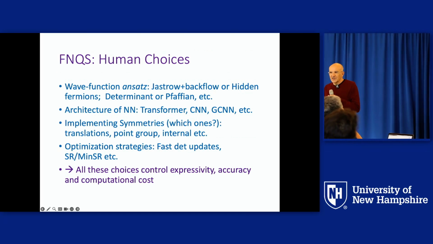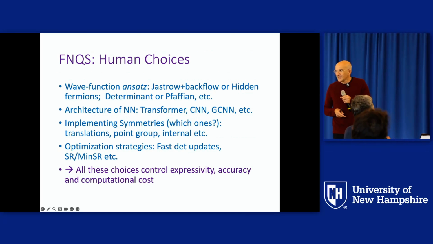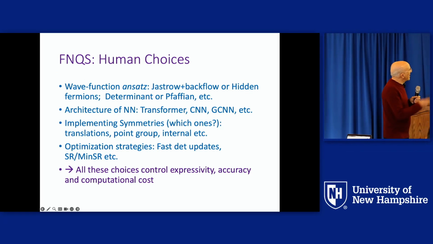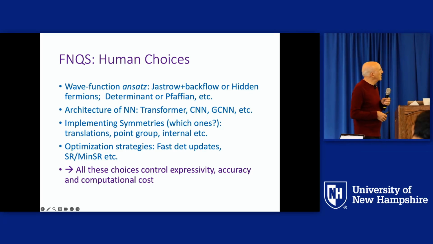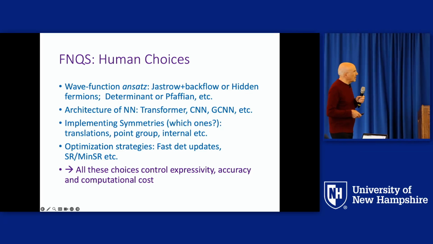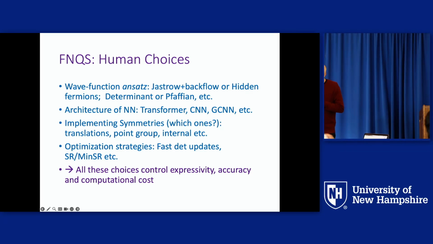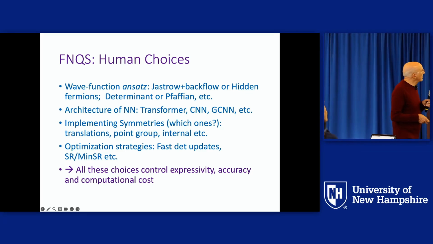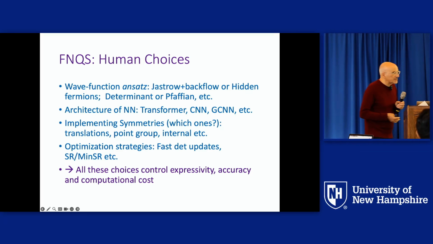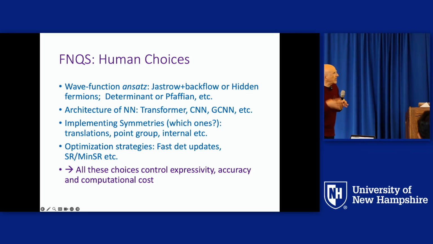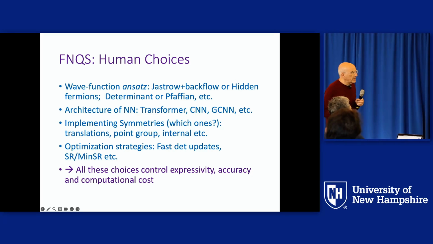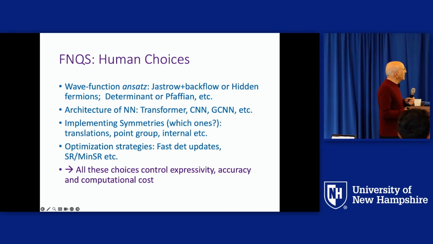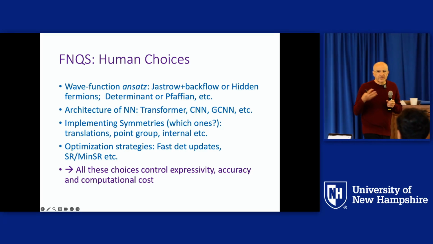There are some human choices that we still have to do. I don't know how long this will last, but I try to itemize on this slide some of these human choices that we have to make when we design a specific form of fermionic neural quantum states. So the first thing is, of course, to start with a general ansatz for the wave function, and there are many flavors on the market. You can think of Jastrow plus backflow.